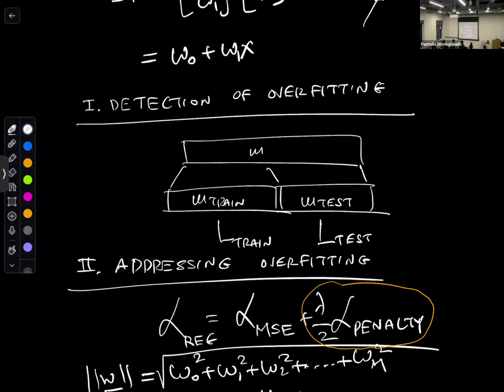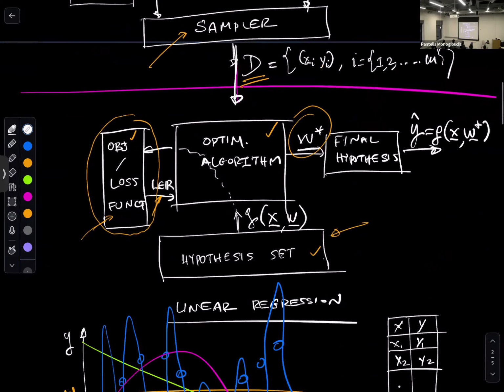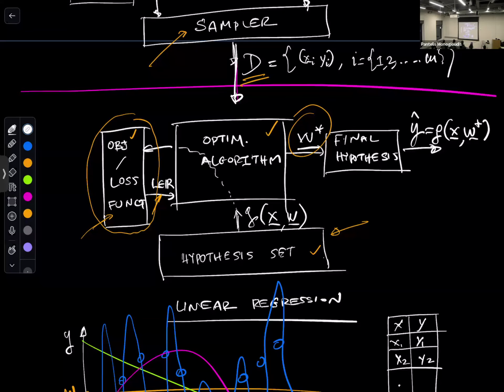There are two regularization families. Some regularization methods address the one who was to blame, the loss function. Some others address the hypothesis. We'll see both of them in this course, one way or another.